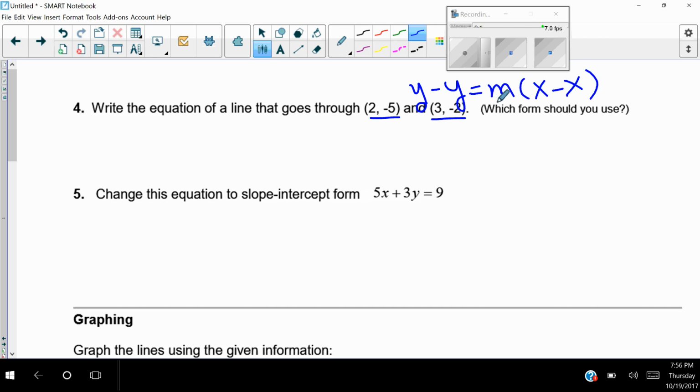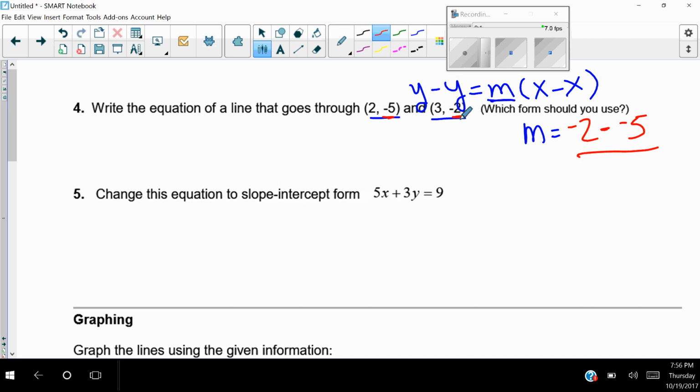Now my first step is my slope. I need a point and my slope. So in order to find the slope, I'm going to use the slope formula, which is rise over run, y minus y divided by x minus x. My y values are -2 and -5. It doesn't matter which one you start with. I can start with -2, but it's minus -5.